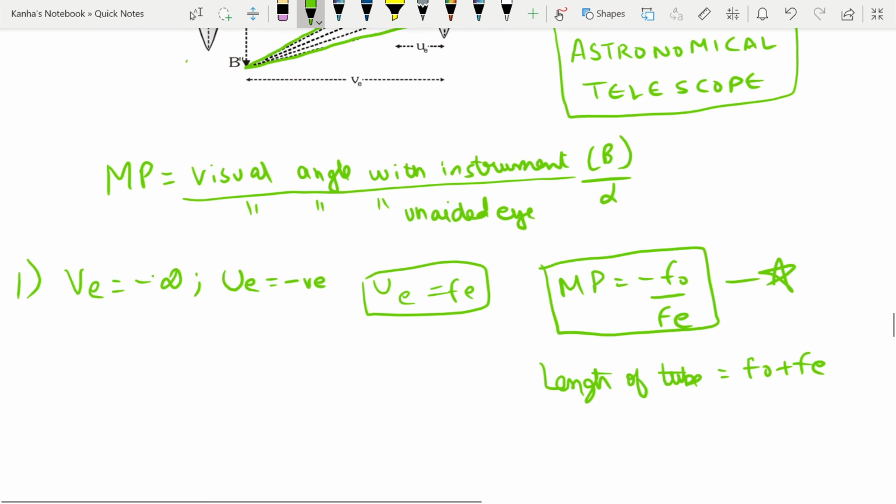The second case is when the image is formed at D, which is the least distance of distinct vision. So here VE is equal to minus D, and UE is negative.